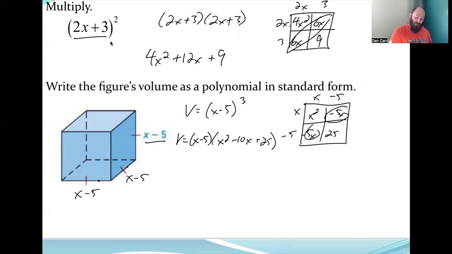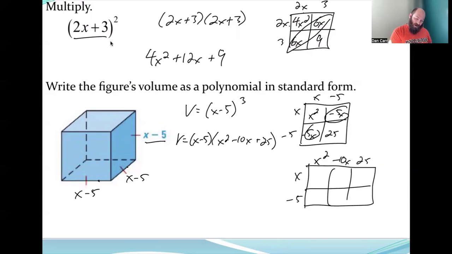Again, I'm adding these together to get negative 10x. Then I'm going to do a 2 by 3 box. So x, negative 5, and then x squared, negative 10x, and a positive 25. So I multiply here, I got x cubed, negative 10x squared, 25x, negative 5x squared, positive 50x, and a negative 125.